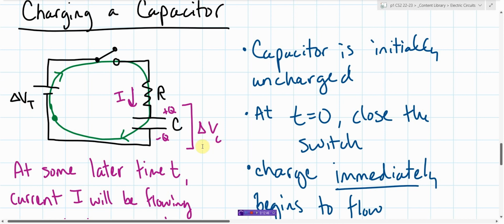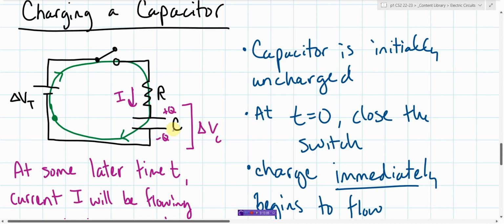The more charge there is, the bigger the delta V will be across the capacitor. So eventually there will be no leftover delta V for the resistor, and that means the current through the resistor must be 0. When that happens, no more charge will get onto the plates, so there is a limit to how much charge can go on the plates.